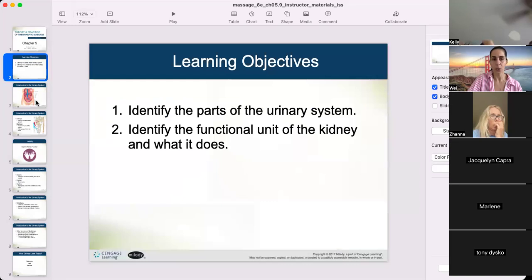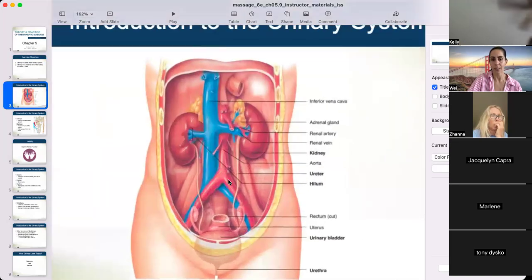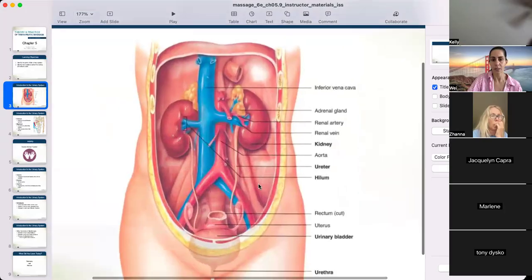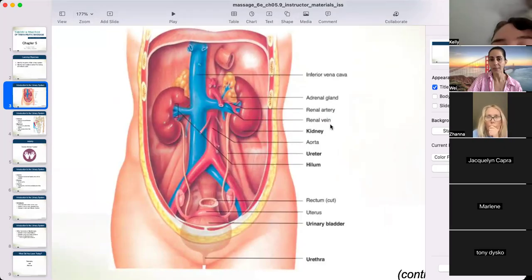But first, let's take a quick view on the anatomy of the urinary tract right here. And we can see what it consists of. It's pretty simple. We have arteries, gland, more arteries and veins.